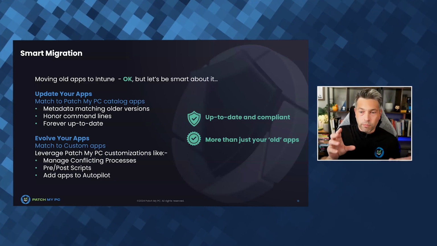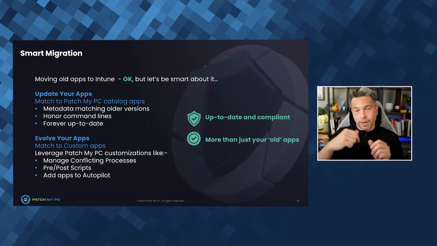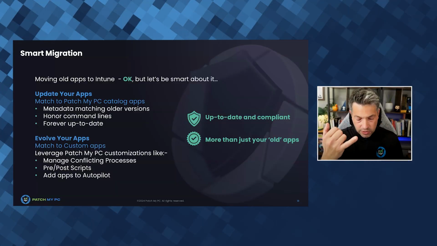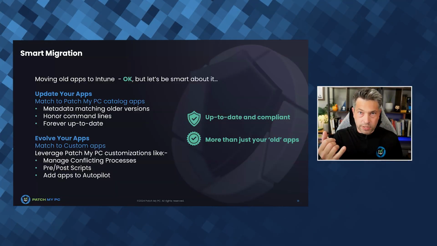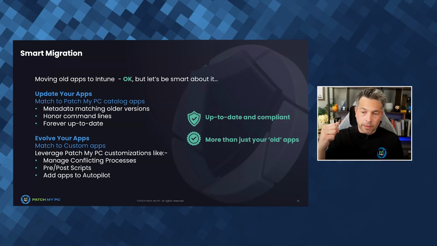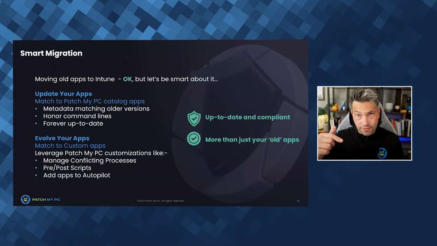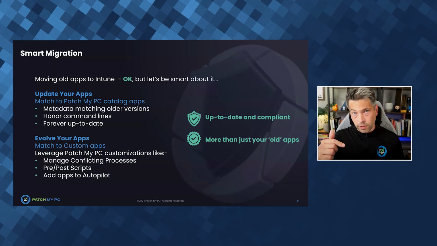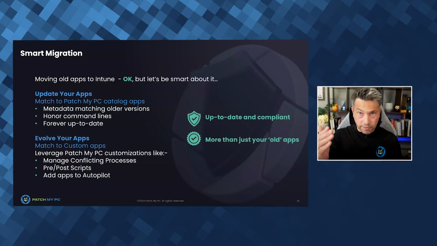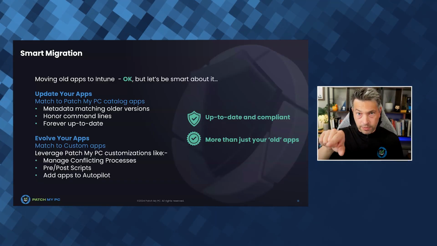So we will move your apps, and we will help you leverage features like manage conflicting processes, where in our intelligence, we understand if applications must be closed down before they're installed, otherwise the application update will fail. So we will help migrate your apps into that model.